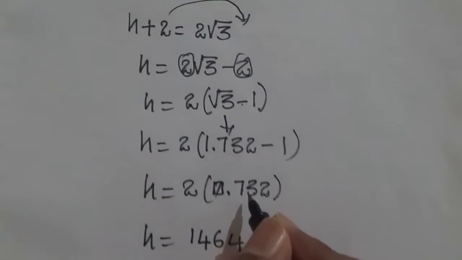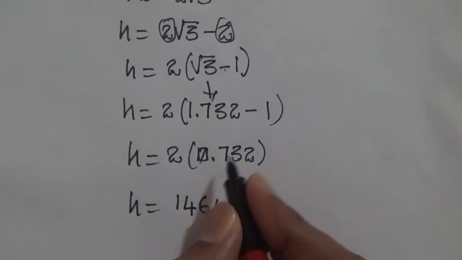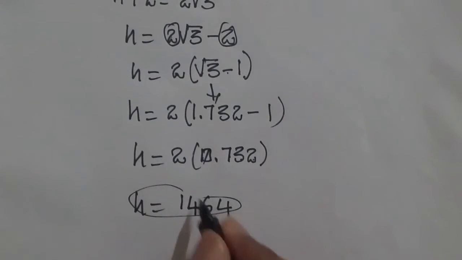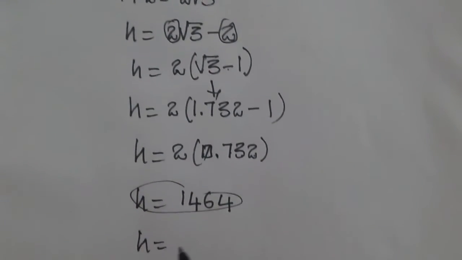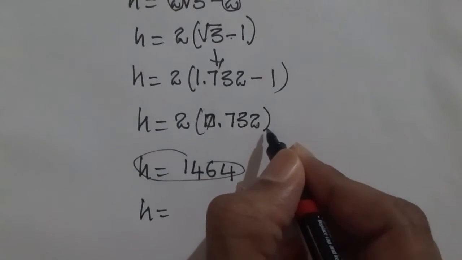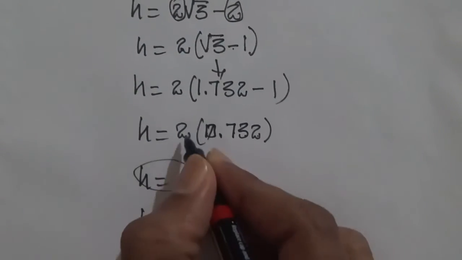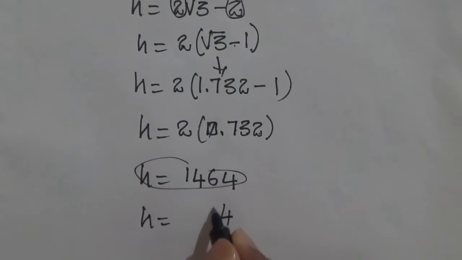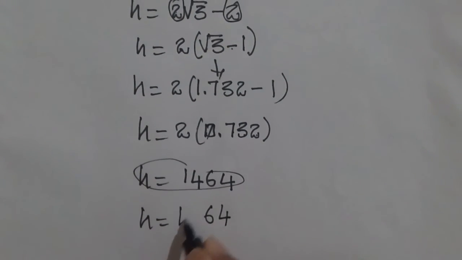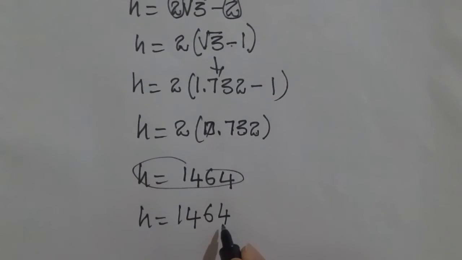Sorry, once again I write this step. h is equal to 2 into 0.732. 2 twos are 4, 2 threes are 6, 2 sevens are 14. Where should we keep the decimal point?